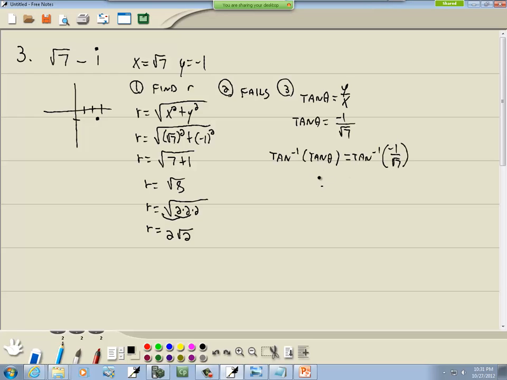So those cancel each other out, and we got theta is equal to inverse tangent, arctangent, of negative 1 over square root of 7.